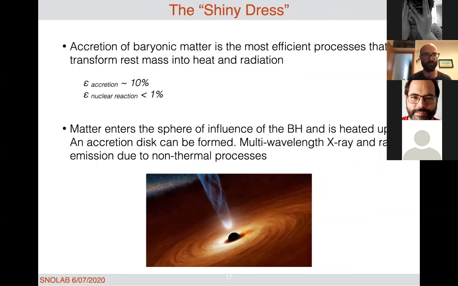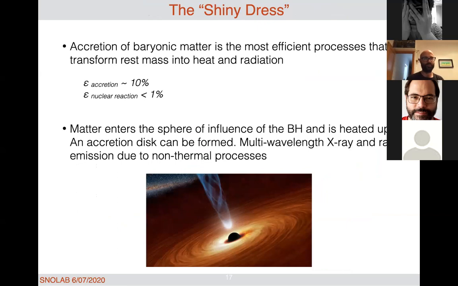After this long introduction, the idea is that you can detect black holes, possibly primordial black holes, by looking at the accretion of baryonic matter, of interstellar gas, onto these objects. And this is a very efficient process.